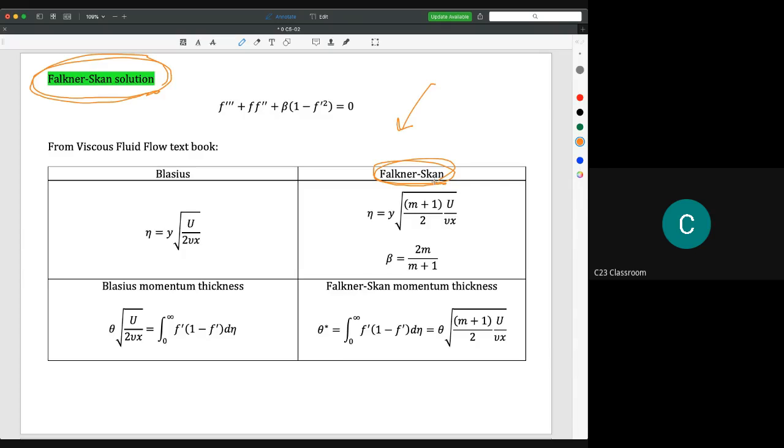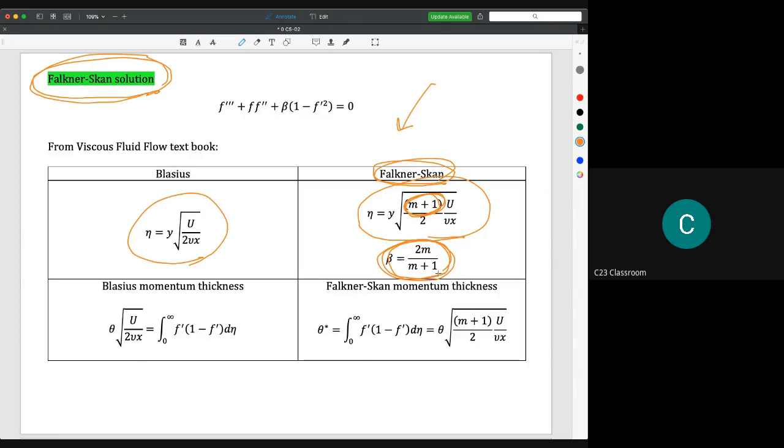If you go through our textbook, you will find that Blasius uses eta equal to y times the square root of u over 2 nu x, and Falkner-Skan uses eta equal to the square root of (m plus 1) over 2 times u over nu x. The m plus 1 term reflects the angle of the inclined slope. The relation between m and beta is shown in this equation.